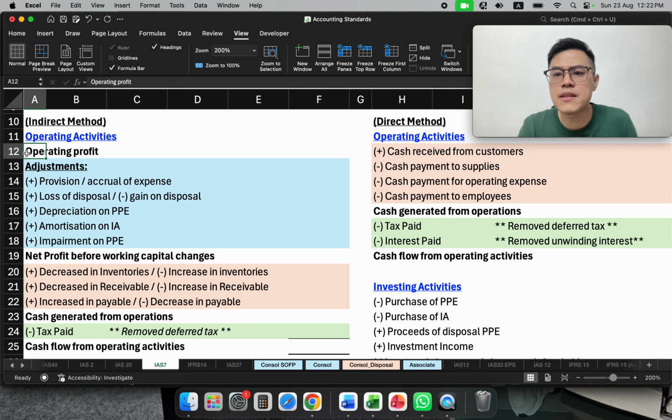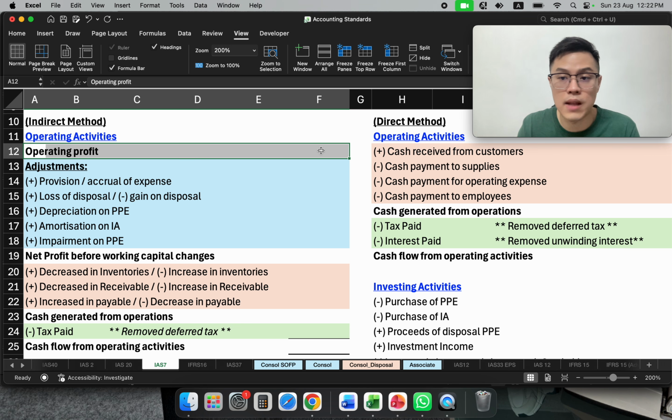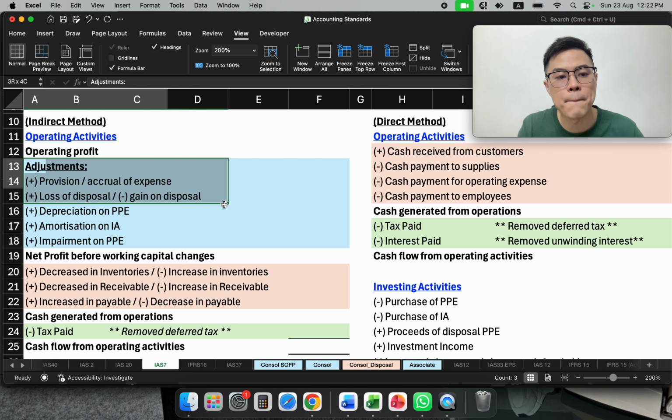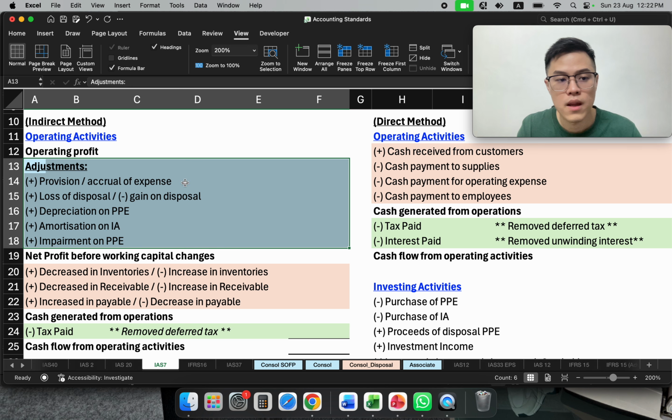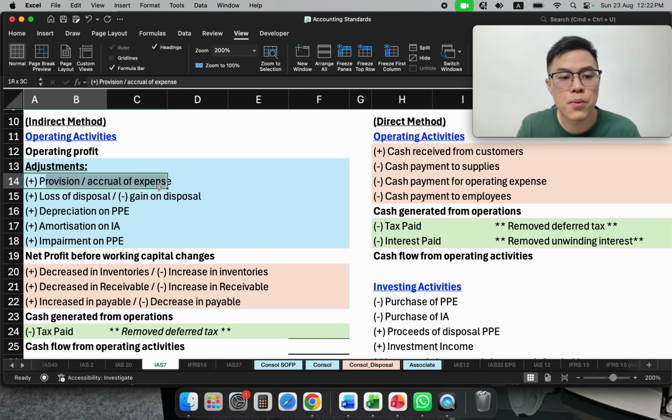So for all these items, we will need to reconcile from operating profit, which is based on the SOPL, and make some non-cash adjustments. For example, any provisions or accrual of expenses, because of the accounting standard or concept, you record that expense as a provision.